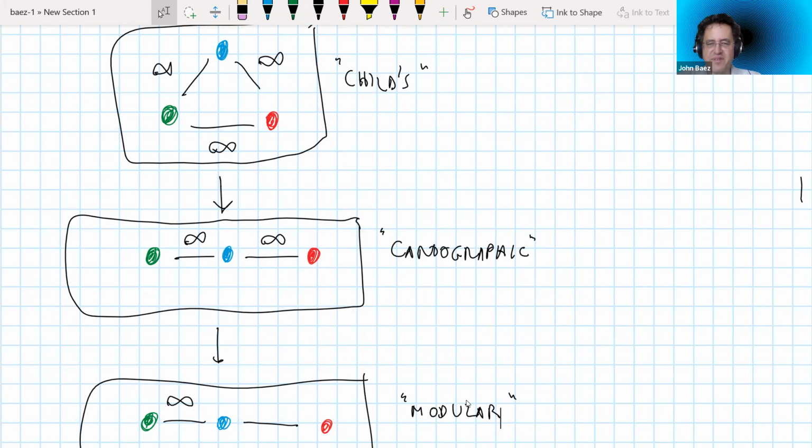Can you say the question more precisely? It's starting to seem like a dumb question, but I'll say it anyway. Is that 5-element set A, B, C, D, E that you had drawn earlier fibered over this 3-element set 0, 1, infinity?